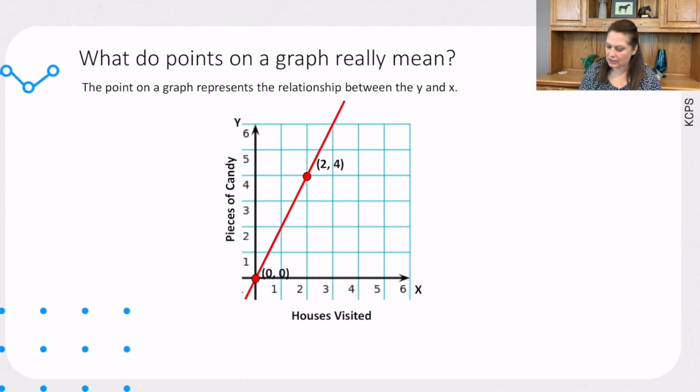So let's continue. You'll notice that this is in a proportional relationship because it is in a straight line. So what that means is any point on that line represents a relationship.